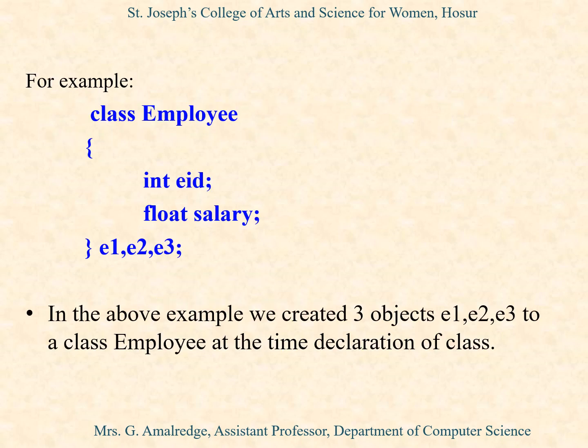And this is the example for creating objects at the time of declaration of class. Here employee is the class, EID and salary are the data members of the class employee, and E1, E2 and E3 are the objects which are created at the time of declaration of the class employee.